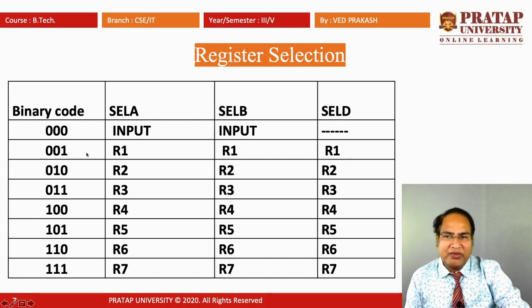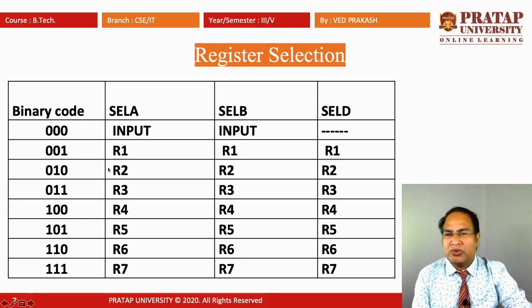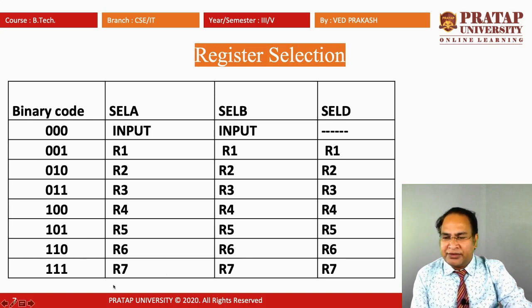So 001 denotes the contents of register R1, and 010 denotes register R2, 011 denotes register R3, similarly 100 denotes register R4, 101 denotes register R5, 110 denotes R6, and all bits 111 denote register R7. So basically these binary codes are used to select the required registers, and according to the bit values we select the corresponding register.